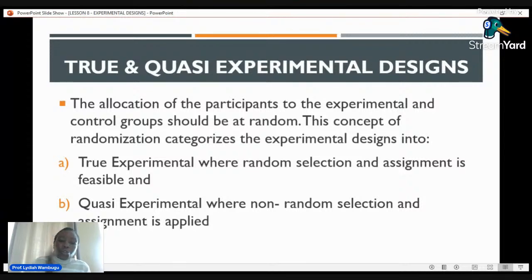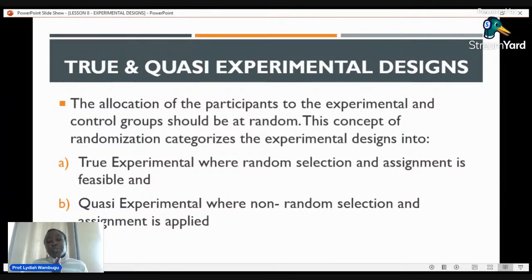Now, true experimental is where random selection and assignment is feasible, whereas quasi-experimental is where non-random selection and assignment is applied. Now, let me explain.